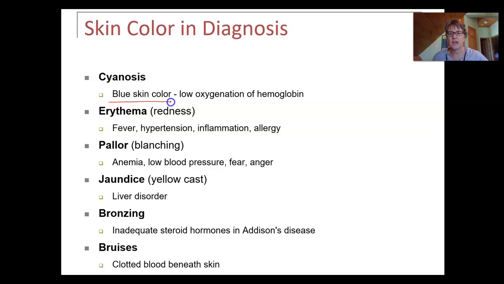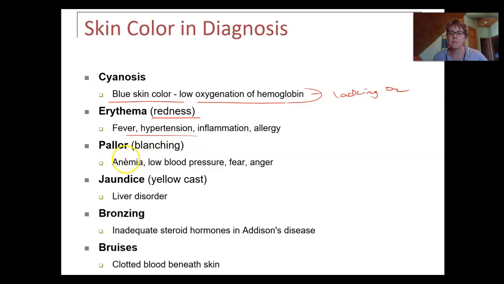But you can use skin color to see if something's wrong. If you look kind of bluish, you have low oxygenation. The hemoglobin is lacking oxygen, right? So when you do surgery, they're not allowed to have fingernail polish so they can check your circulation in your fingers. If they go blue or there's no capillary refill, then there's a problem. If you're flush, who knows?